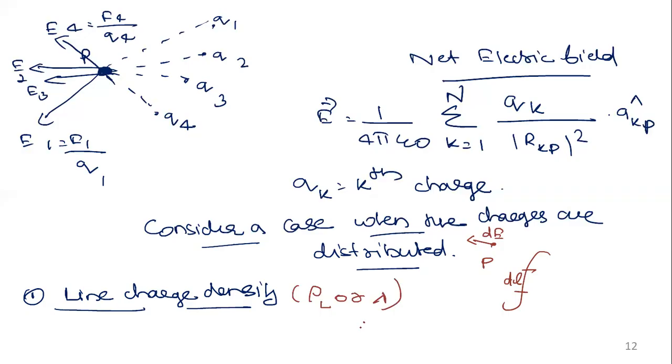That is rho L is equal to dq divided by dl, that is charge per unit length, that is line charge density. Then what will be Q total? Q total will be equal to integral rho L into dl. So that is about line charge.